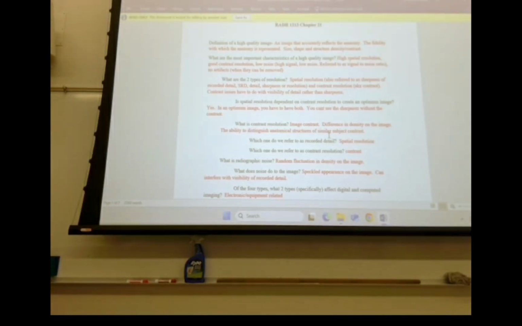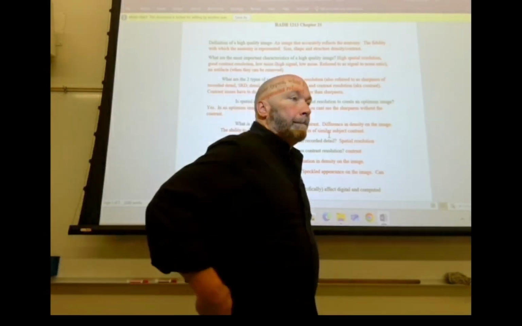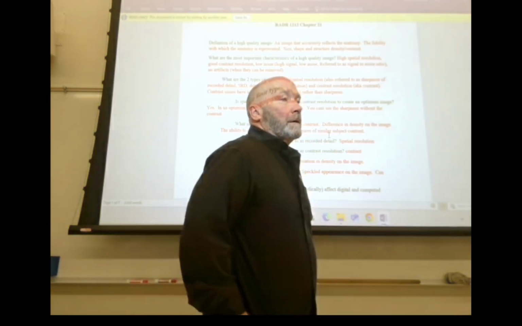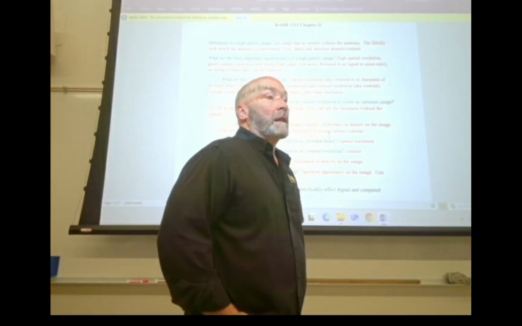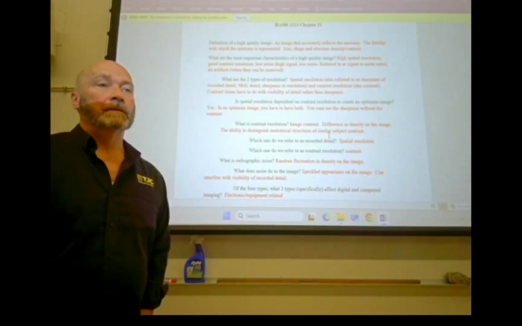You want to scroll back down through this and see if there's anything else that you want me to touch on? Yeah. So going back to the example of the lady with osteoporosis on her humerus, that would be considered, what is it, low subject density? Yeah. And low subject contrast.